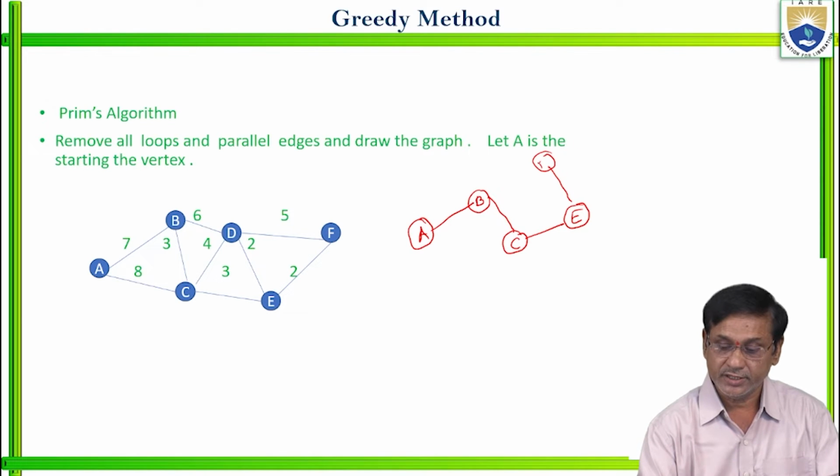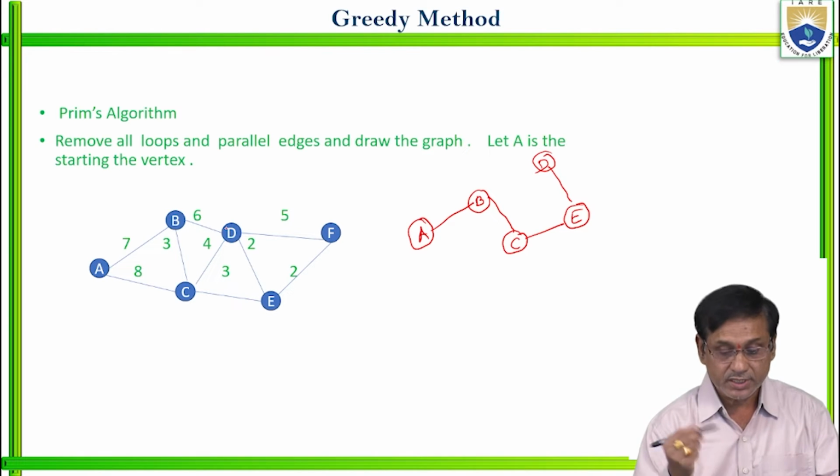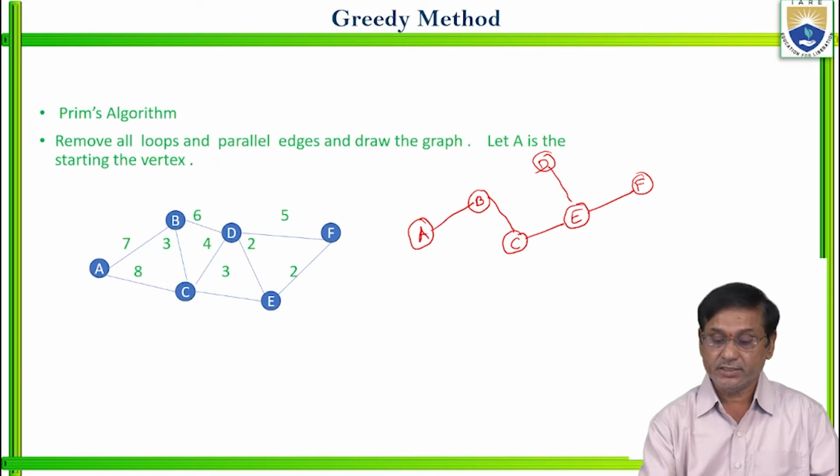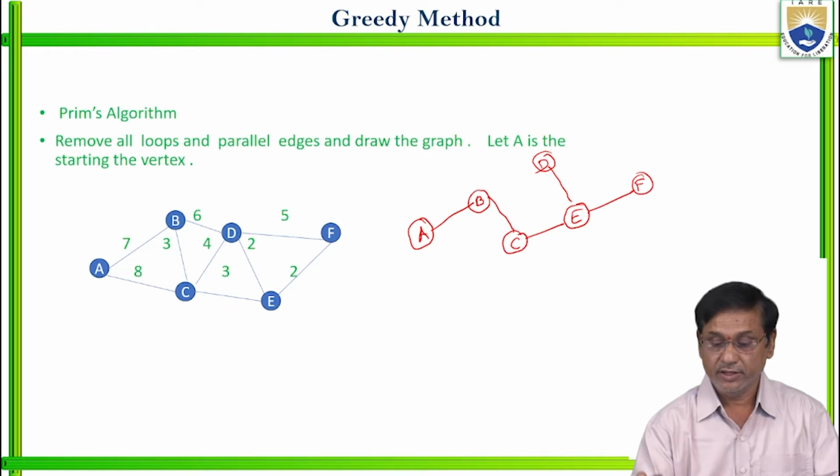This is D. Now select a vertex nearest to A or B or C or D or E. Now F is nearest to E, so select the vertex F. Like that you have to select the vertices.